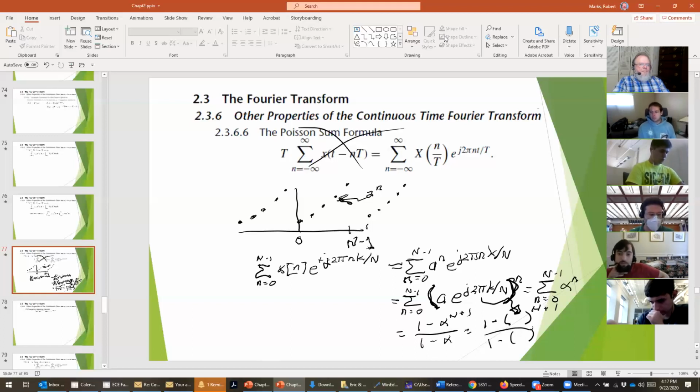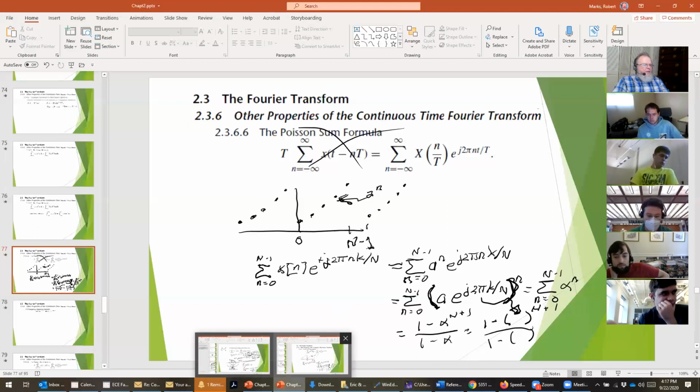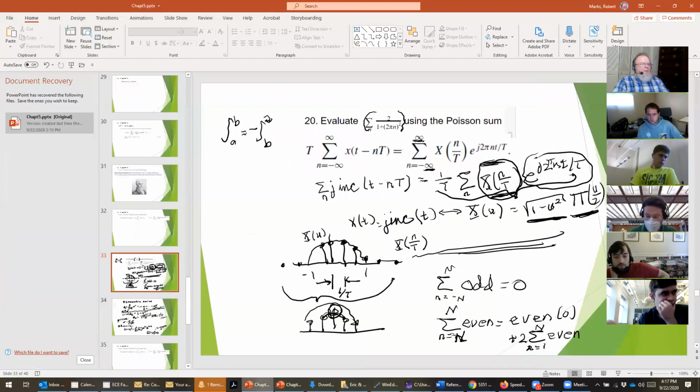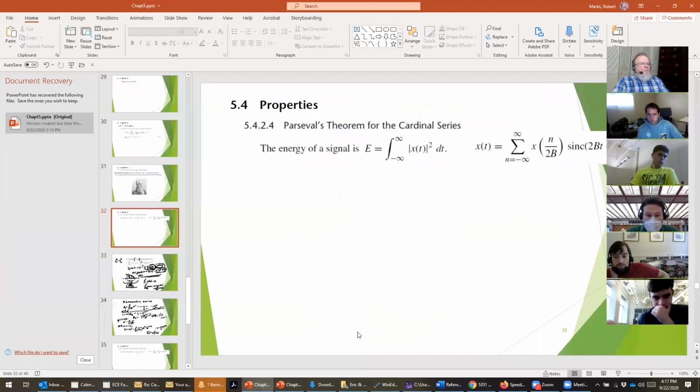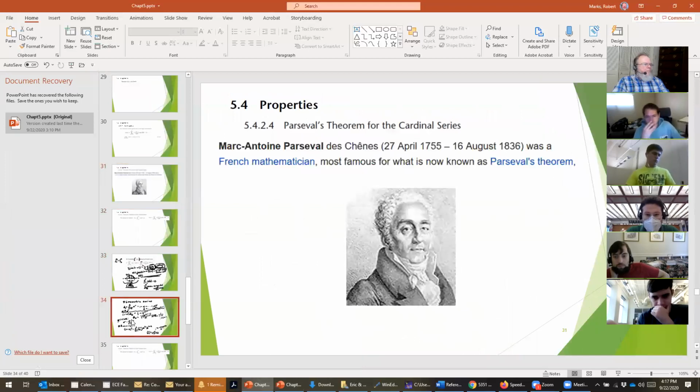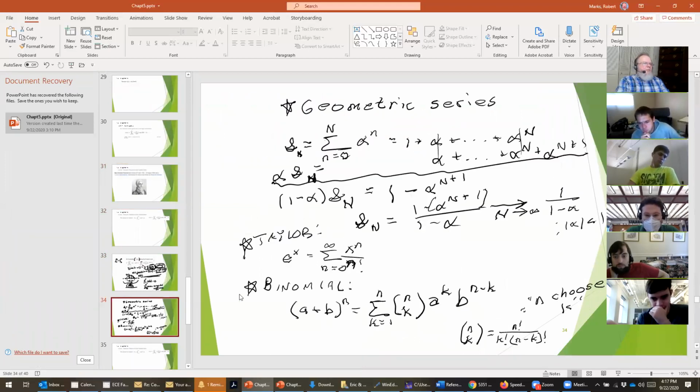And so for the geometric series, you said there were basically two different series depending on your restrictions on alpha. Is that what you said? No, let's see if I have the notes from before. Yeah, here was the geometric series. The first one was this, a summation from n equal to 0 to n of alpha to the k.